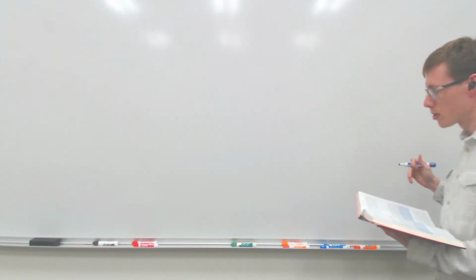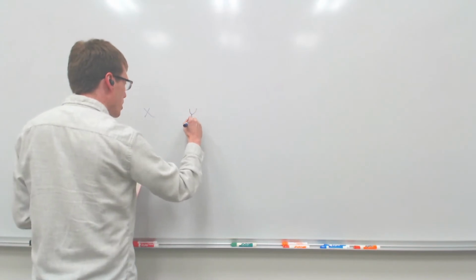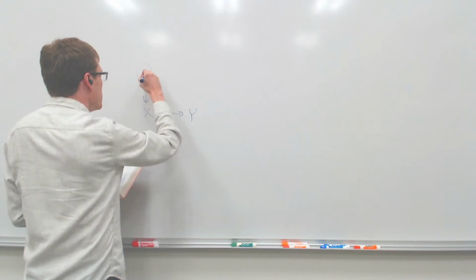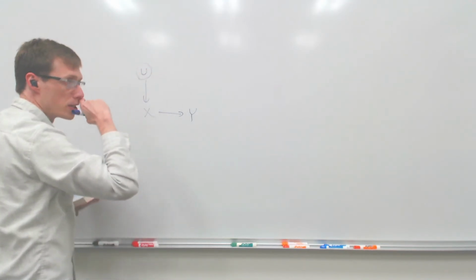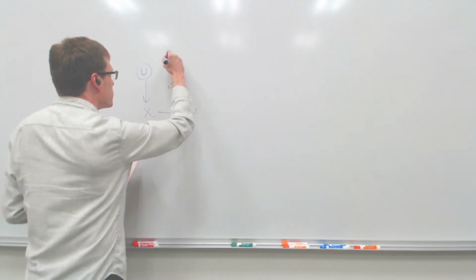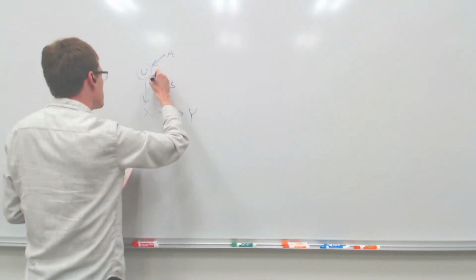All right. So the first one they have here is X, Y, U. He often uses U to signify unknown or unmeasured stuff, some other variable that we don't have data on, but we know it affects things.